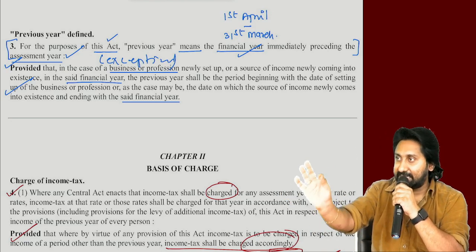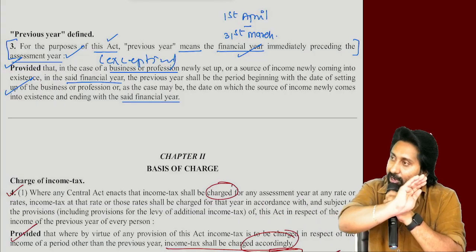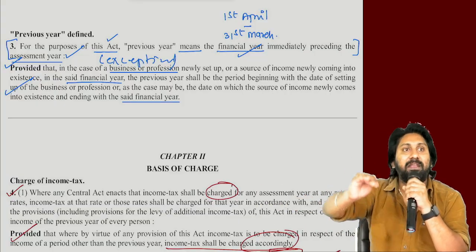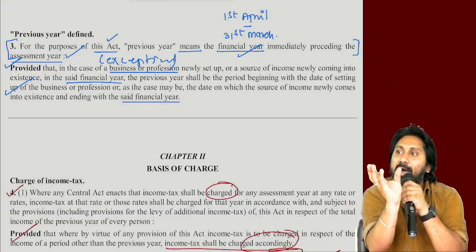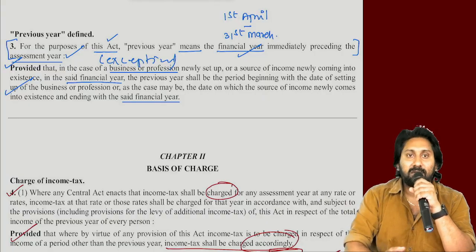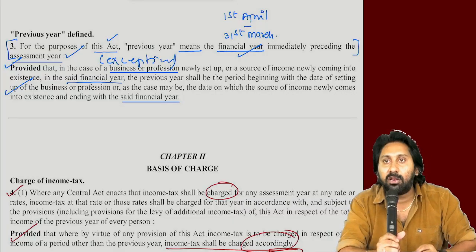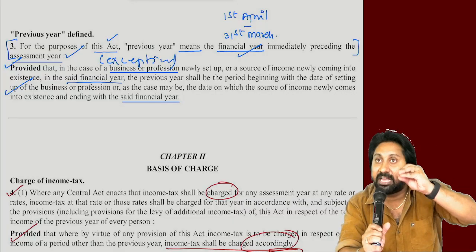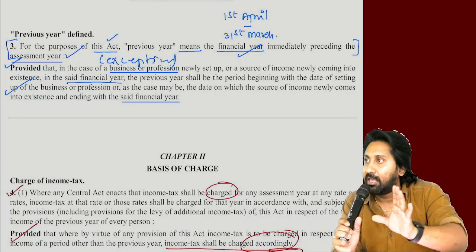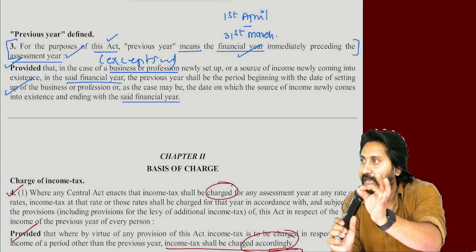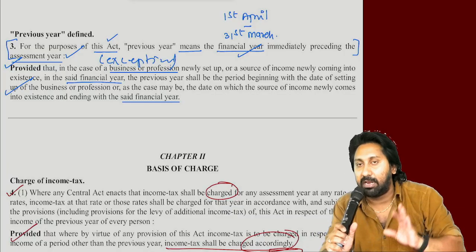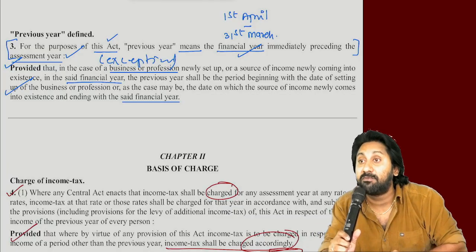No, assessment year means a full 12 month period. Like previous year, there is no concept of part of a year. In order not to get that wrong impression, they clearly said in the definition that assessment year must be a period of 12 months.